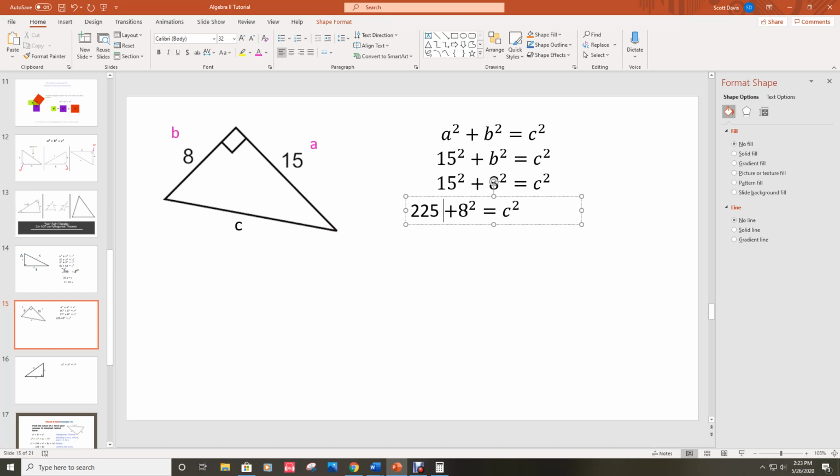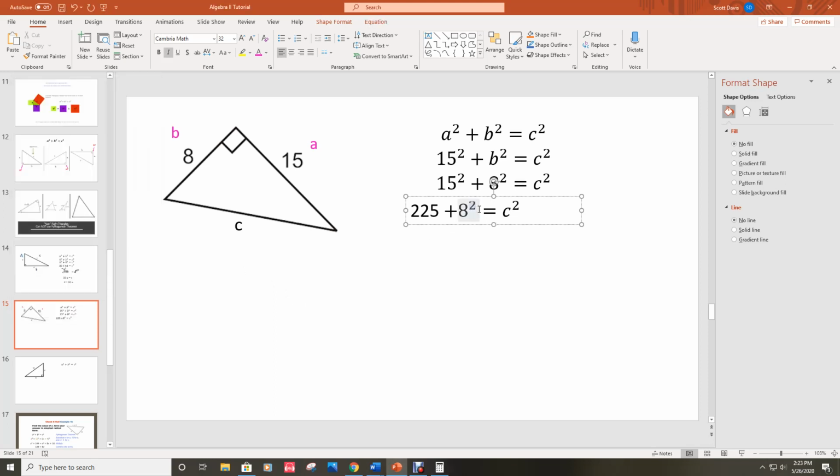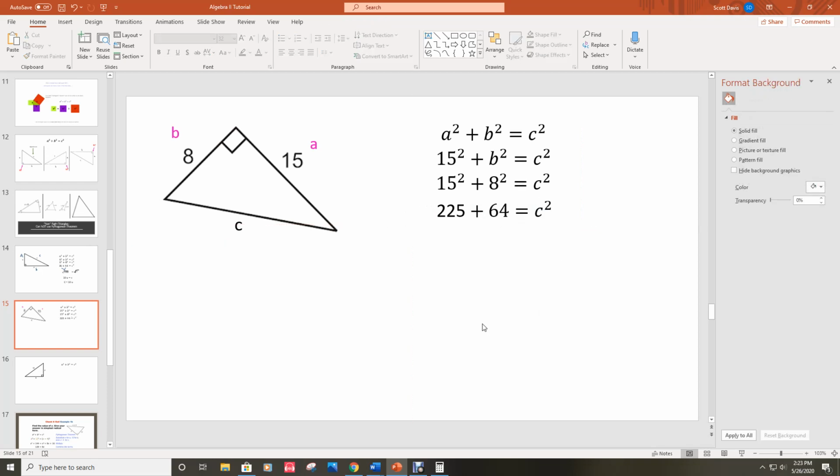And then 8 squared, we have 64. All right, equals C squared.